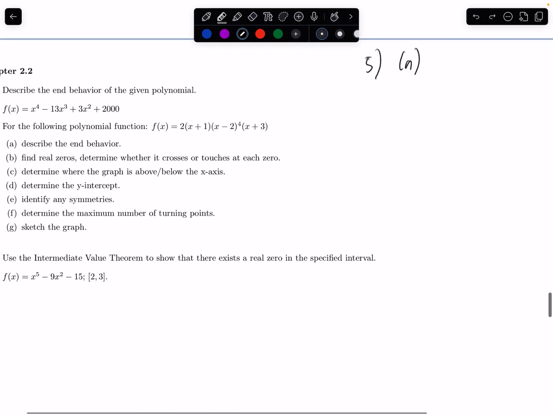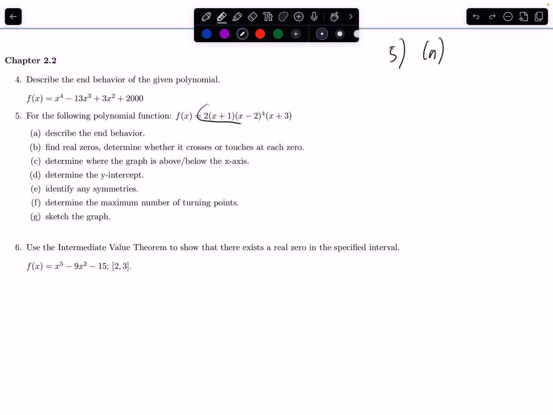What you have to do is first figure out what is the real meat. If I was to expand this whole thing, what would the leading term be? I'm going to take the 2, the x, the x to the 4th, and the x. That'll be 2 times x, x to the 4th, and x, because that's what's going to end up popping out if I was to expand this whole thing. And that would be 2x to the 6th power.